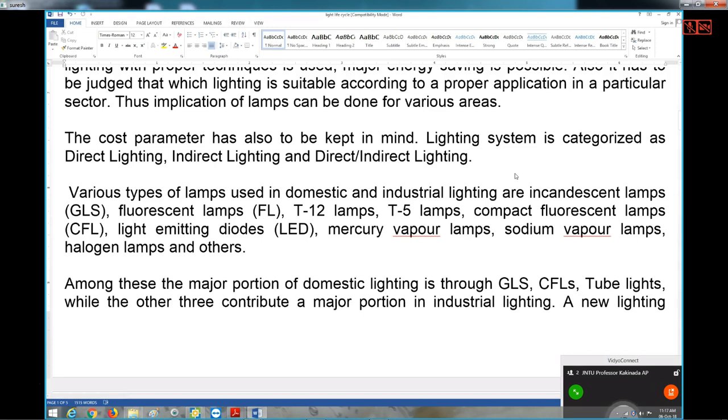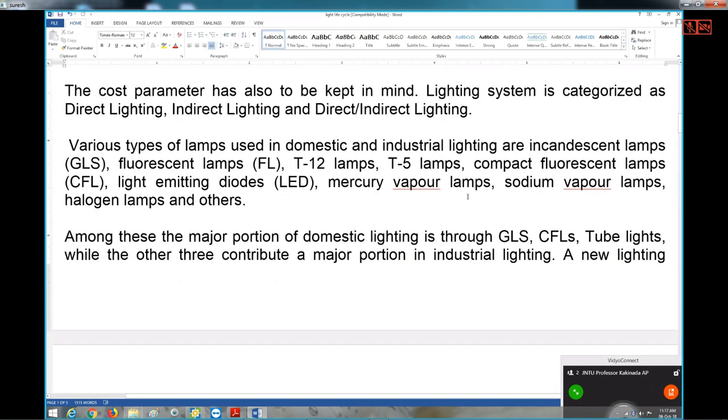We have different types of lighting schemes: direct lighting, indirect lighting, semi-direct lighting, and semi-indirect lighting. We discussed all these categories in our illumination topic. There are different types of lamps available: incandescent lamps, that is GLS lamps; fluorescent lamps, the T12 and T5 lamps, which we call tube lights.